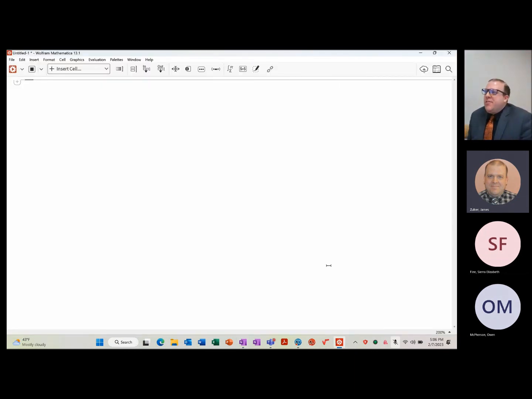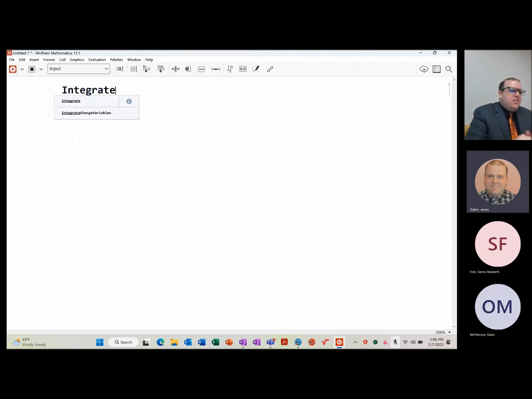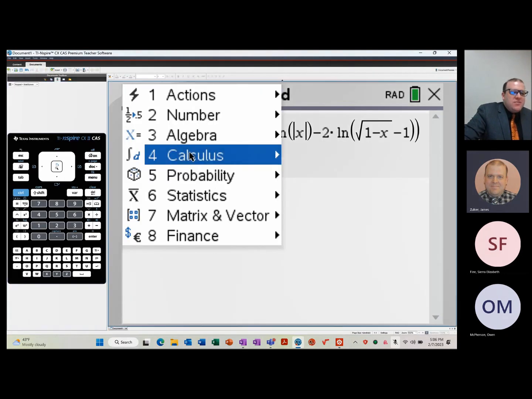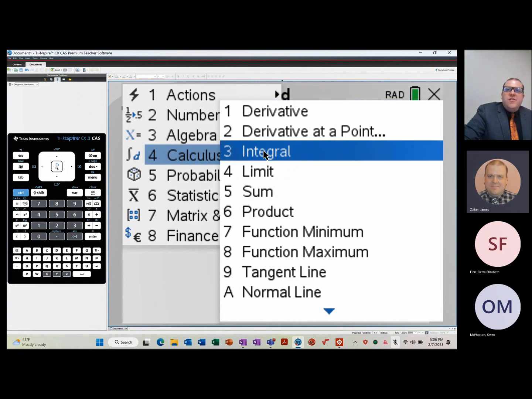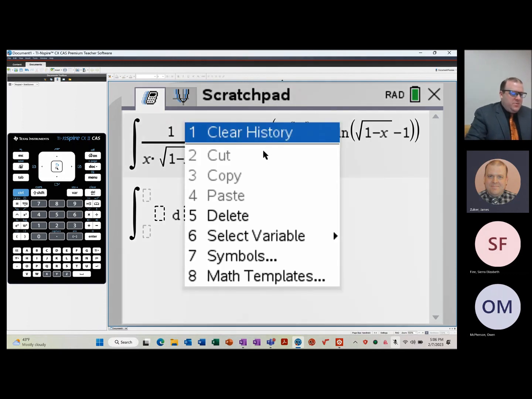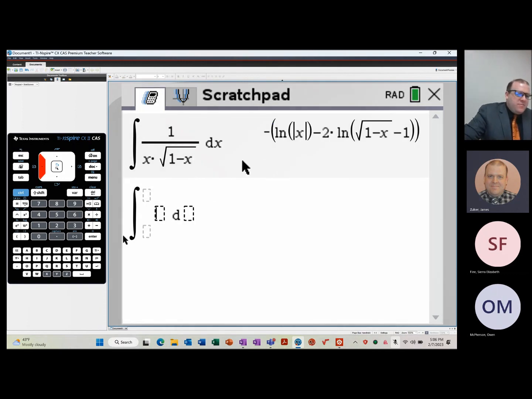Mathematica is very similar. The command is Integrate. I forget, the other option is to go to menu, calculus, and then integral. It's an antiderivative, so you can just ignore the limits.